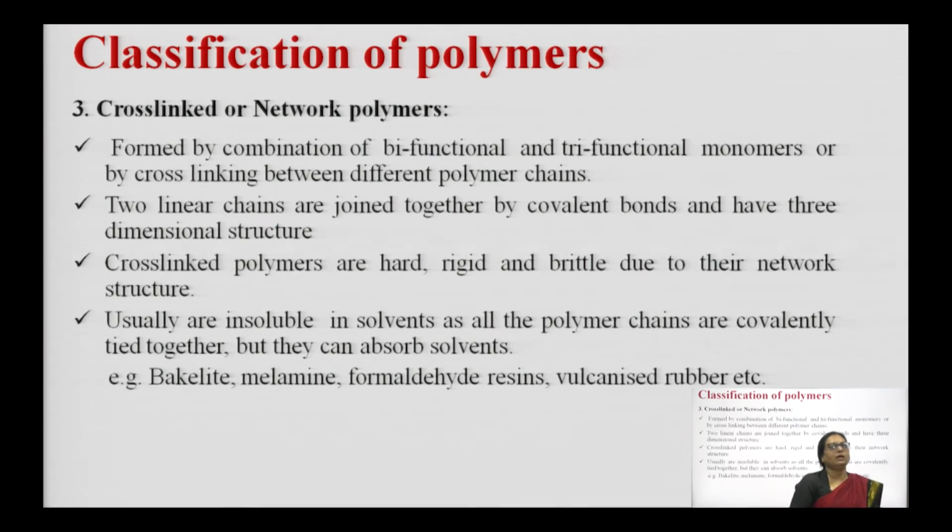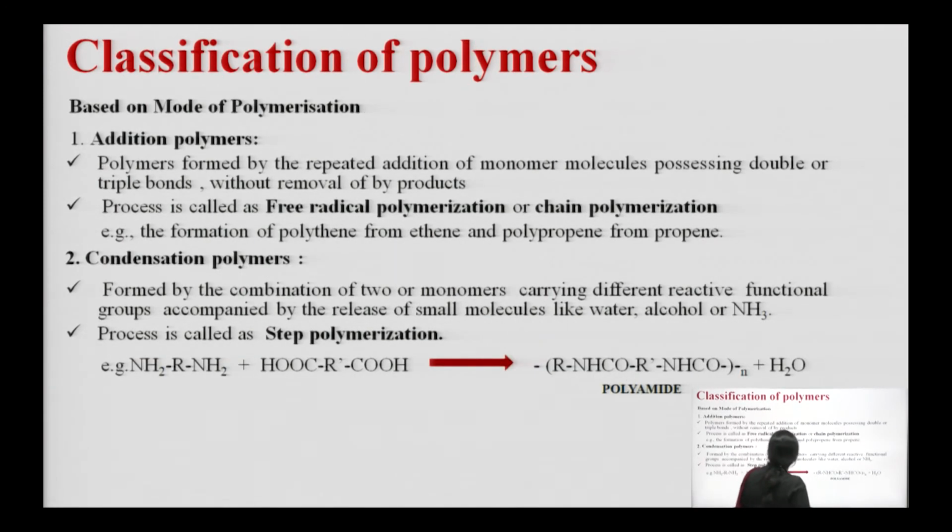Usually, they are insoluble in solvents as all polymer chains are covalently tied together. So, these polymers have different properties as compared to branch polymers or straight chain polymers, and they can absorb solvents. Examples of such polymers are bakelite, melamine formaldehyde resin and vulcanized rubbers.